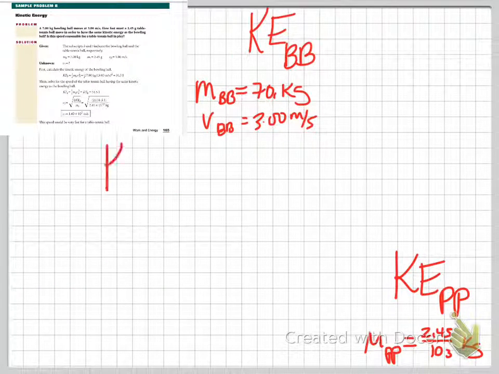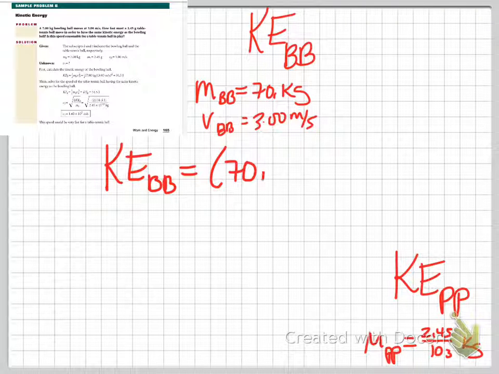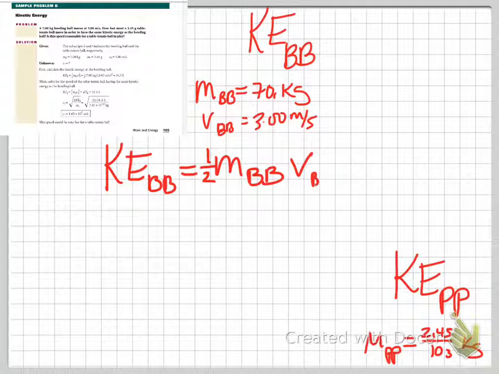Move this up here. So, kinetic energy of the bowling ball equals, well, first, let's write this out. 1/2 mass of the bowling ball times velocity of the bowling ball squared. 1/2 m. And I stand corrected. I wrote 70 kilograms. It should be 7.